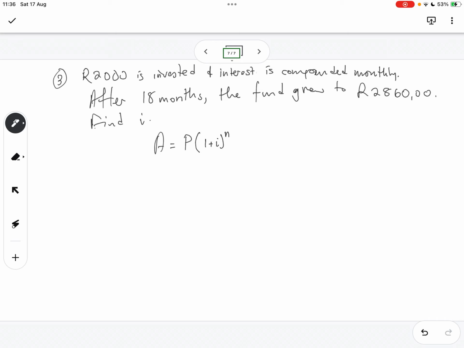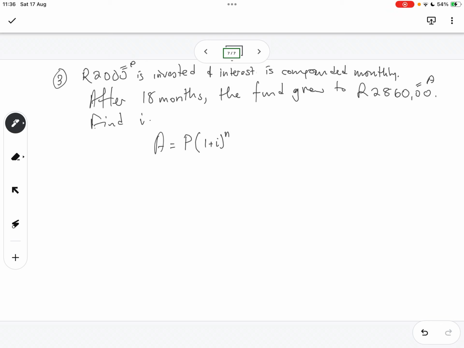So according to our formula, A equals P into 1 plus i to power n. What would you say we are given for this equation if we are looking at this number here? The 2,000. Yeah. P.